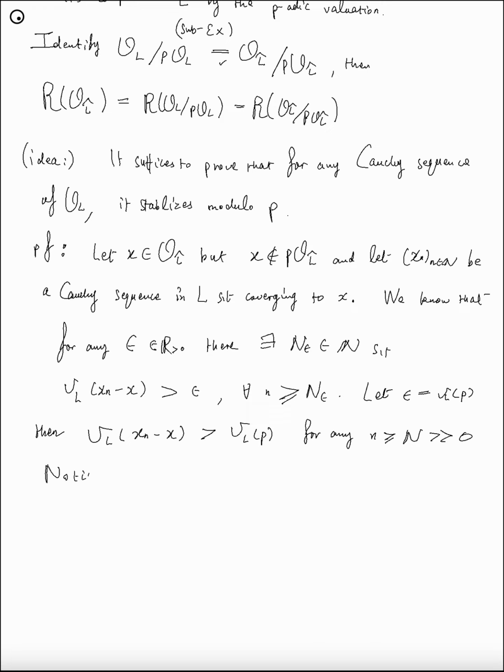Notice that we also have the p-adic valuation of x less than the p-adic valuation of p, and the p-adic valuation of x_n is also less than the p-adic valuation of p for n big enough.